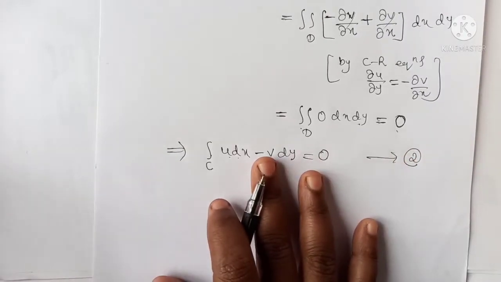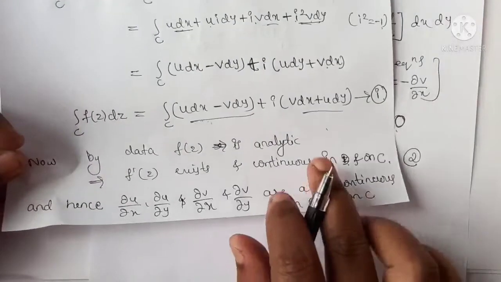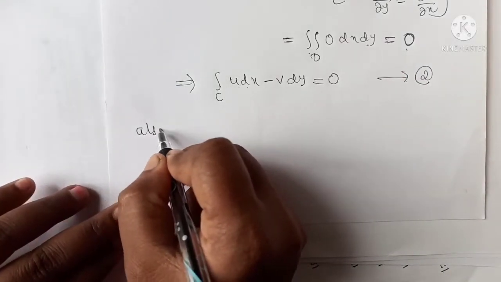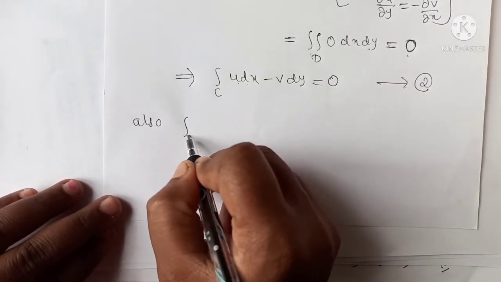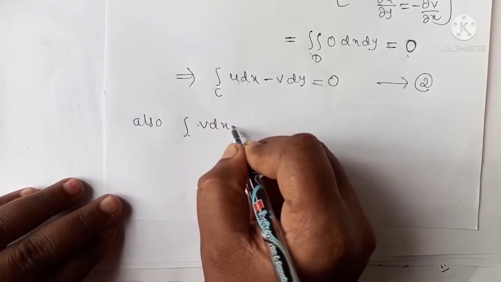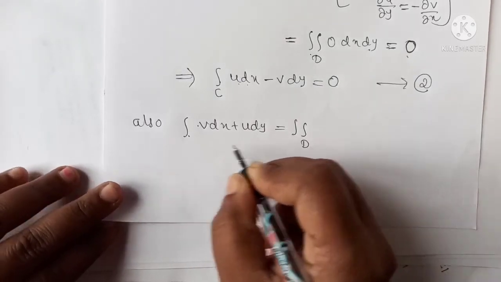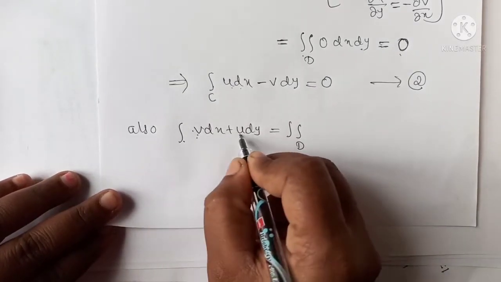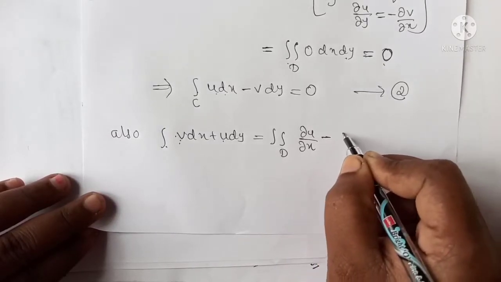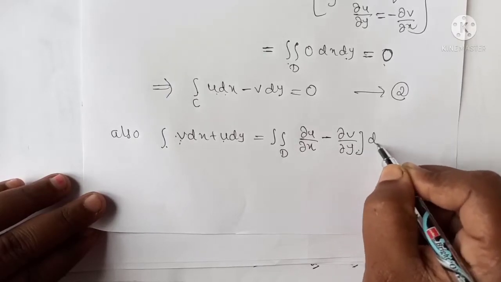Similarly, we apply the same Green's theorem for the second integral. So applying Green's theorem for the second term, that is v dx plus u dy, it can be written as the double integral over D. Taking this as P and this one as Q, it is ∂u/∂x minus ∂v/∂y, dx dy.